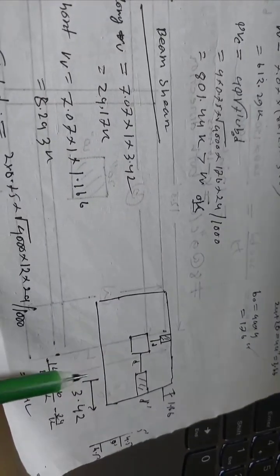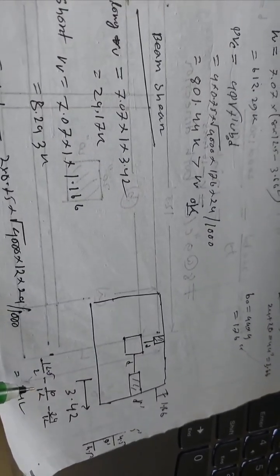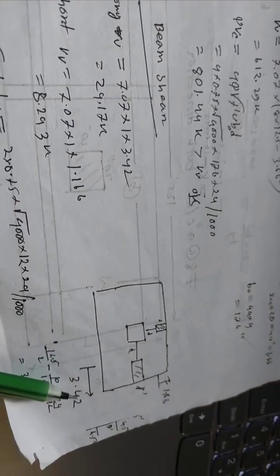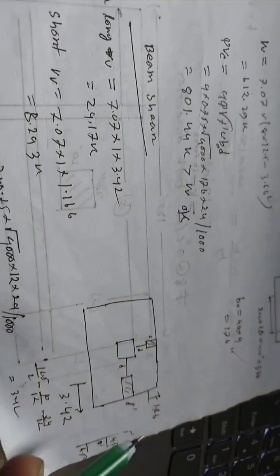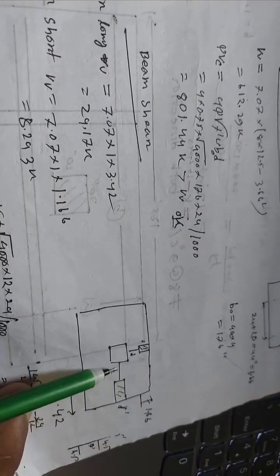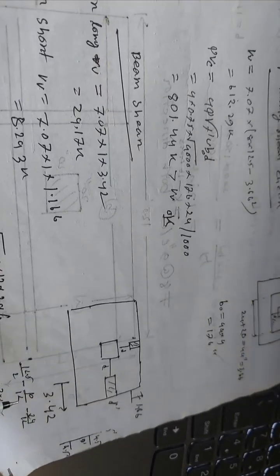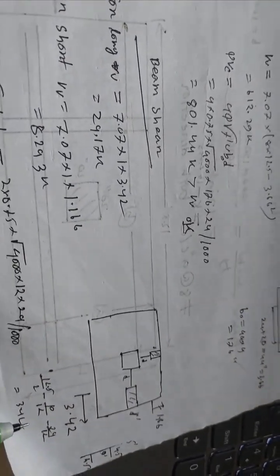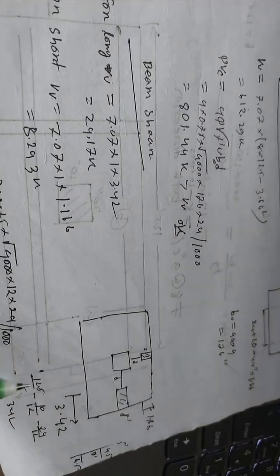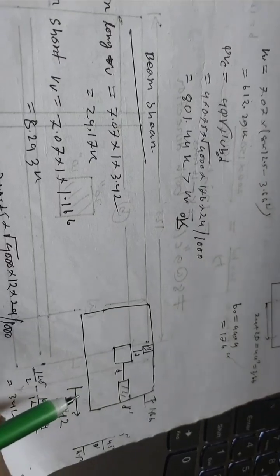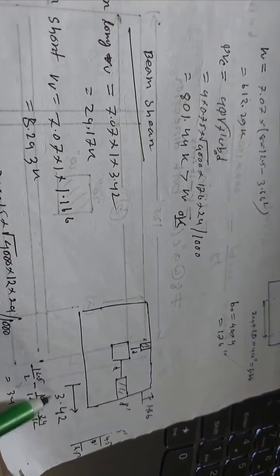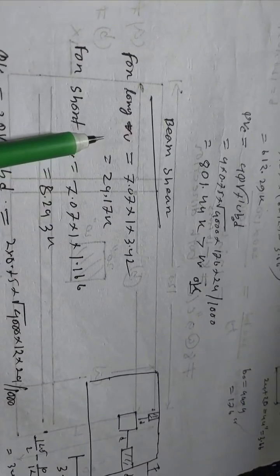So half of the column, 10 inch divided by 12 to convert into feet, minus d distance. d is 24 inch, converted into feet. Then we get 3.42. 3.42 is the length here of the footing. Now critical shear along the long axis.